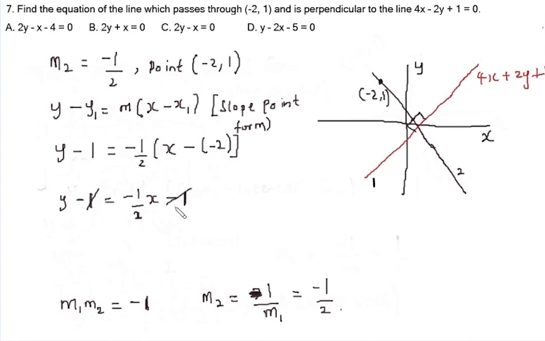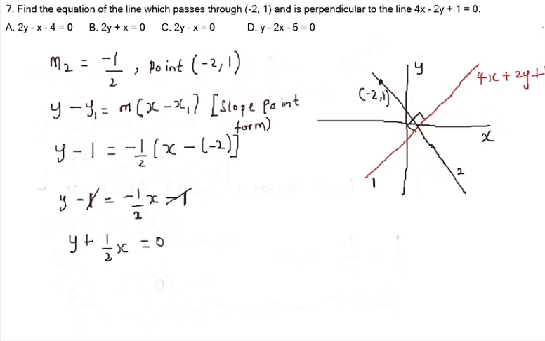So when we are moving the minus half x to the other side, it becomes y plus half x equals 0. So you can multiply through by 2 here. So this becomes 2 times y plus half x times 2 is equal to 0 times 2.